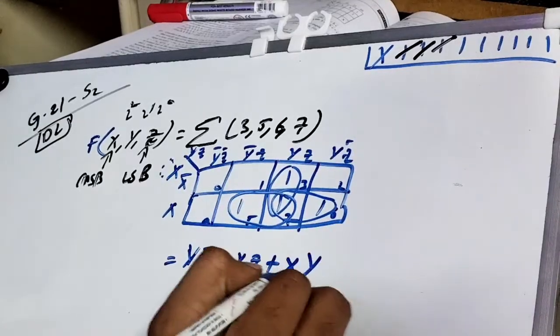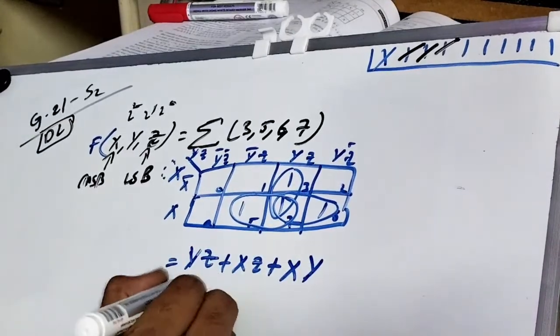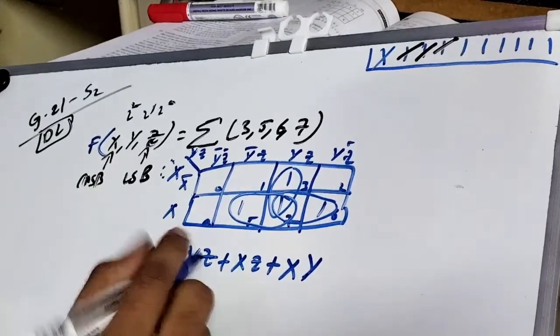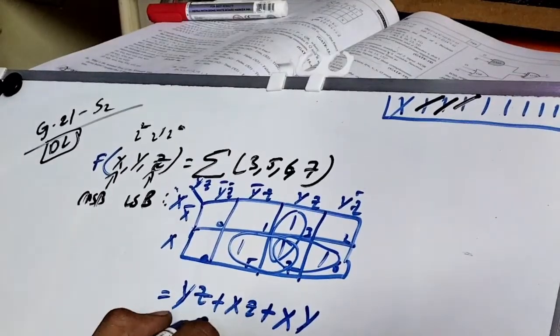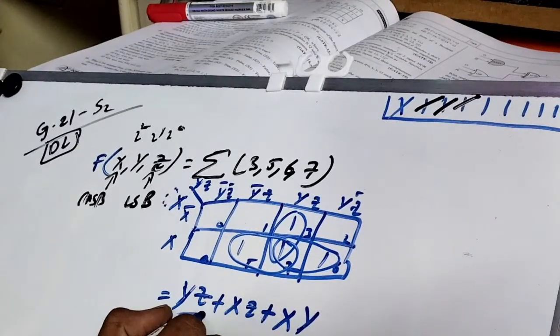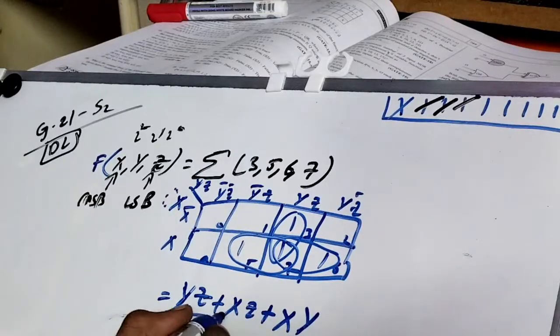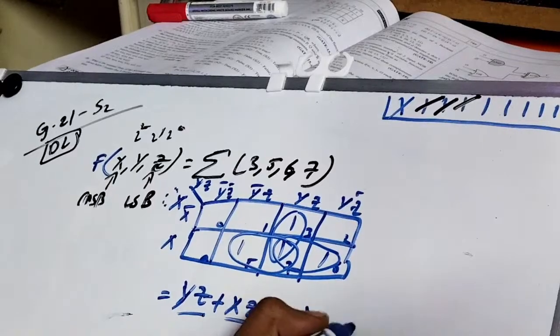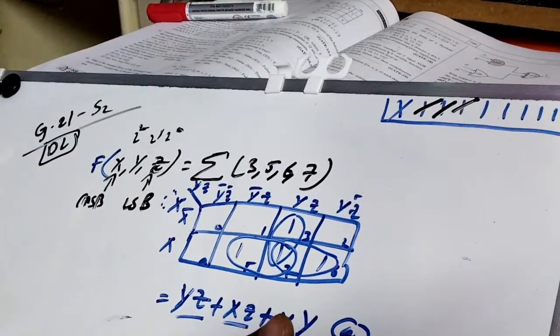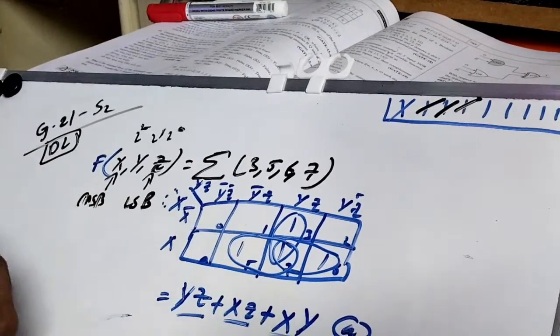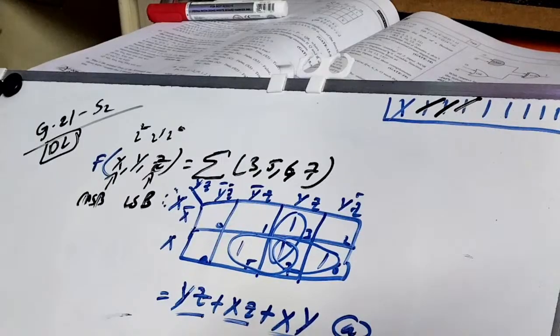So yz plus zx plus x is the option. This term of the option is the minterm. Option B says f of x is independent of input y. No, it is not independent.